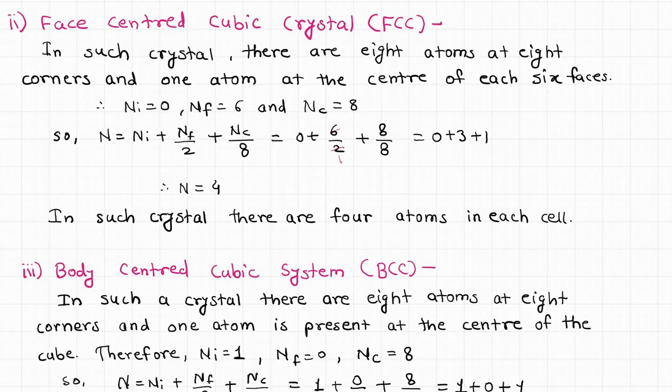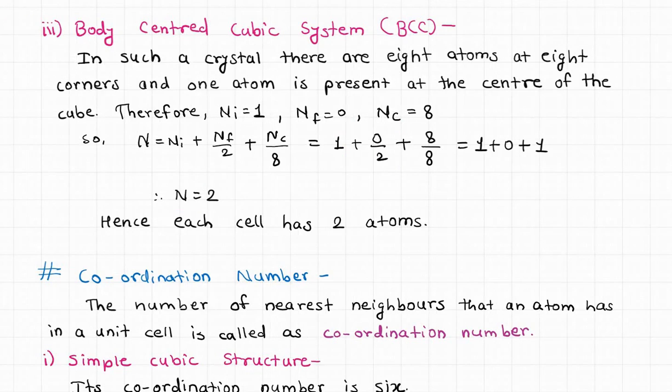Therefore, 2 3s are 6, and the 8s get cancelled. It is equal to 0 plus 3 plus 1, which gives 4. Therefore, in the face-centered crystal, N is equal to 4. Next is the body-centered cubic system. In such a crystal, there are 8 atoms at 8 corners and 1 atom is present at the center of the cube.